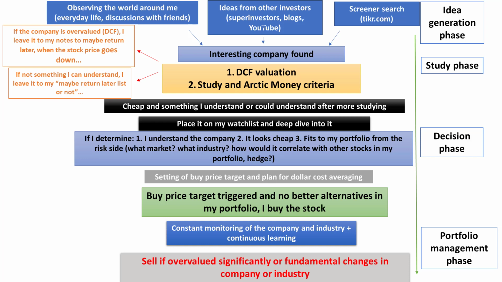What do I do next? We move to the yellow box. There's two things I'm going to do. I'm going to do a discounted cash flow valuation to check whether the company is cheap, in my opinion, or not. And then number two, I will study it on Arctic Money criteria. If you have checked my earlier videos, Arctic Money criteria is something you know.